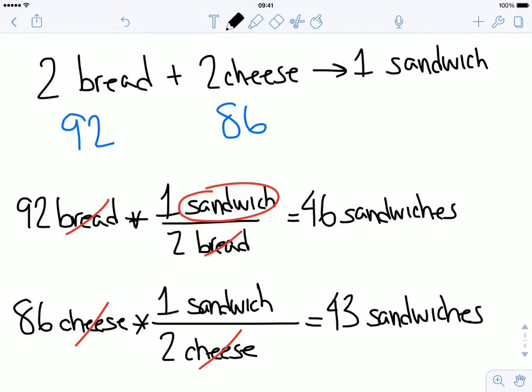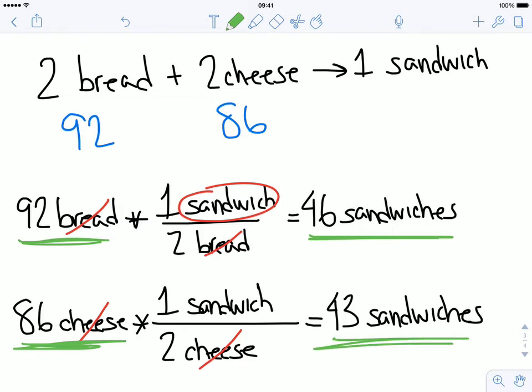Okay, so if we look at what we have here, we see that from 92 pieces of bread, I can make 46 sandwiches. And from 86 pieces of cheese, I can make 43 sandwiches. So what is the maximum amount of sandwiches that I can make from my 2 ingredients here?